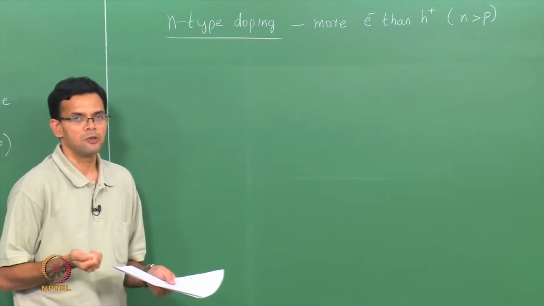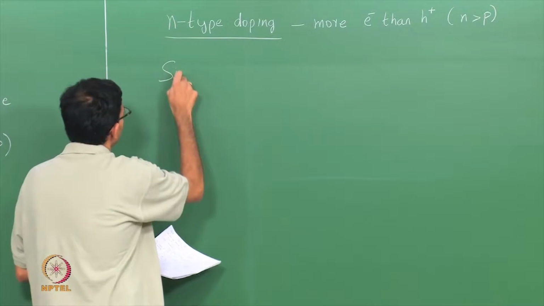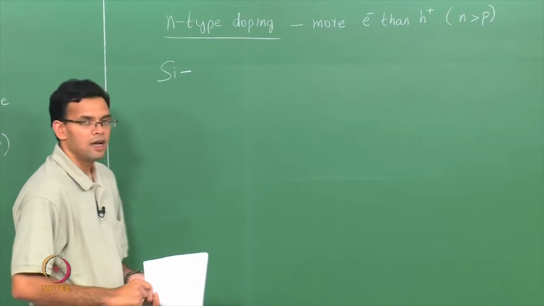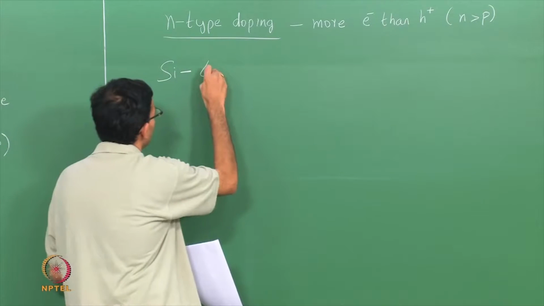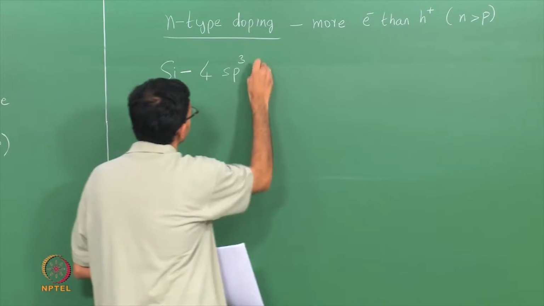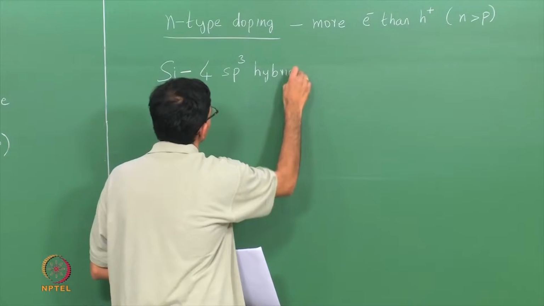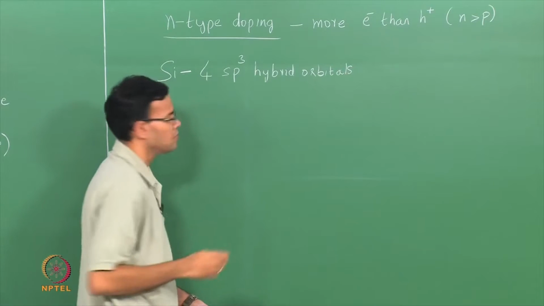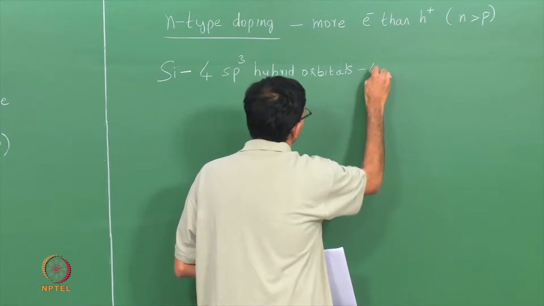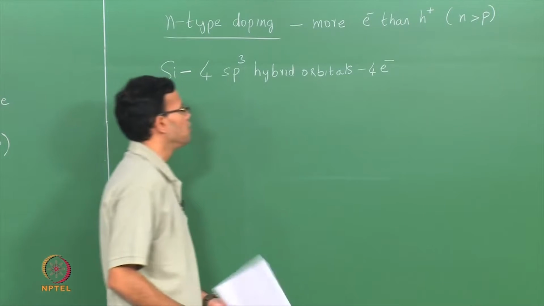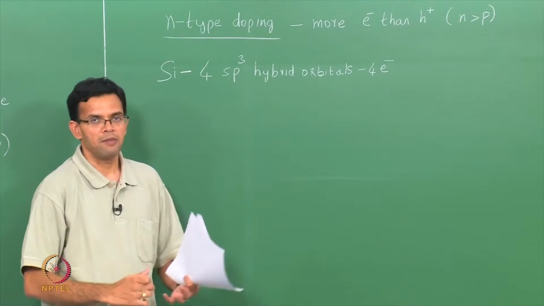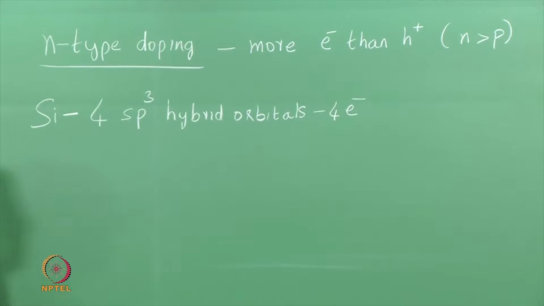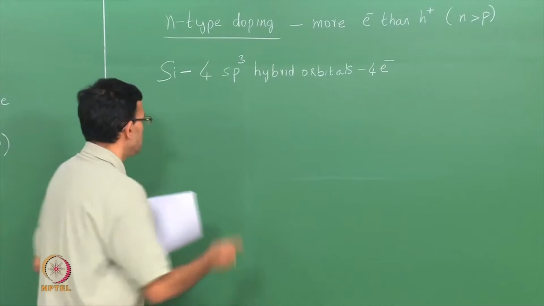Let us go back to our model of silicon. We said silicon has 4 electrons in the outer shell, 2 in the s and 2 in the p, which forms 4 sp3 hybrid orbitals, which gives you 4 electrons. Now, these orbitals are arranged in 3 dimensions in a diamond lattice, but just for the sake of illustration I will show them on a 2D lattice.